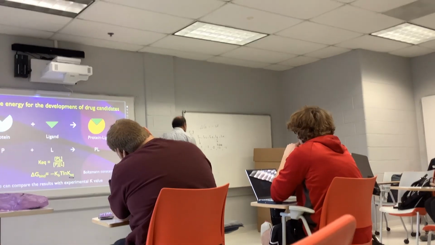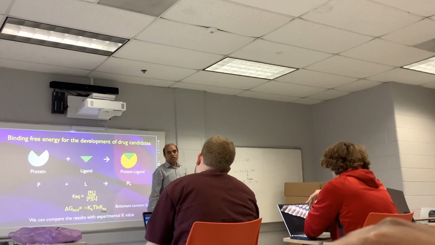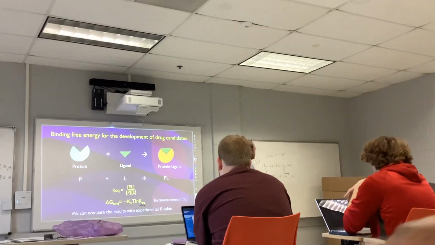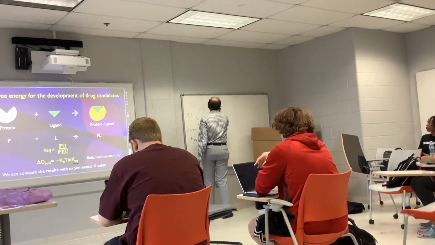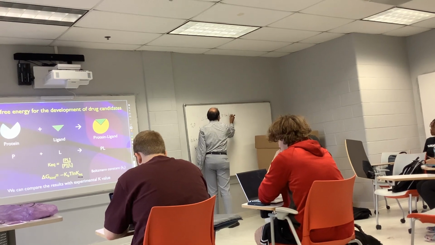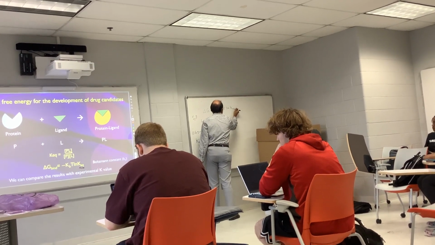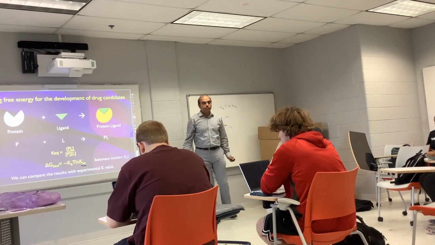If you know K equilibrium, you can calculate the delta G. Let me write it here: delta G equals negative Kb T ln of the equilibrium constant. Alright, guys? This is what you need.